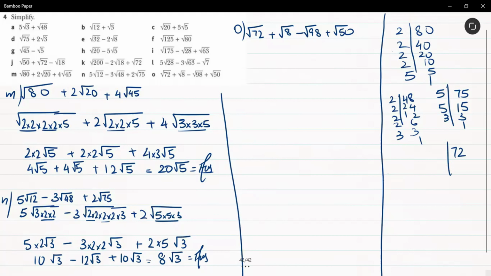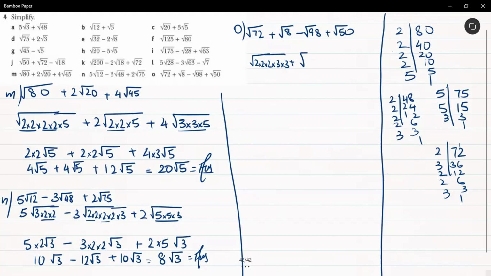Just find this out. So 3 2s are 6, 2 6s are 12. 3 1s are 3, 3 2s are 6. 2 6s are 12, 2 3s are 6, 3. So under root 72 is essentially equal to how many 2s? 2 multiplied by 2 multiplied by 2, 3 2s, yeah. So multiplied by 3 multiplied by 3.